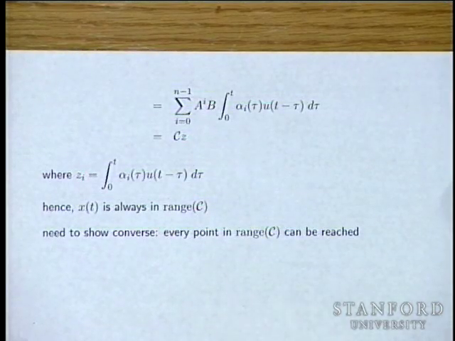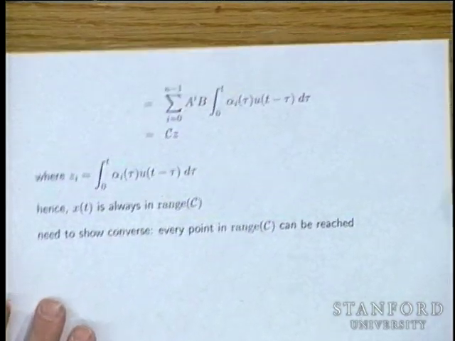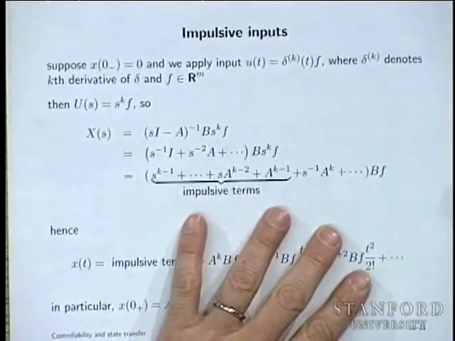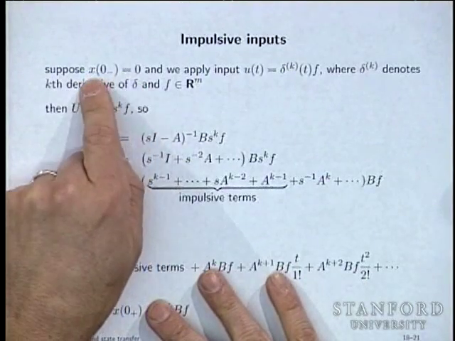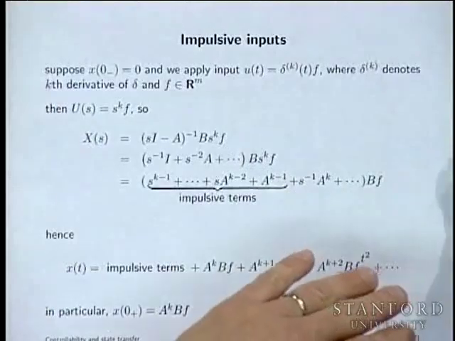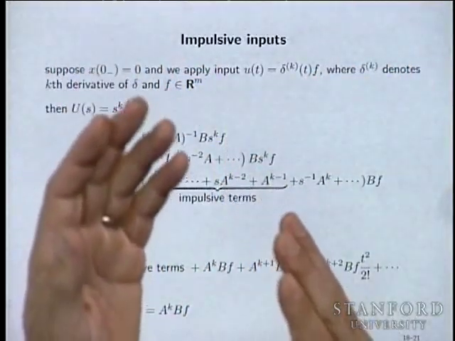Okay, so now we're going to have to show the converse, which is that any point in the range of the controllability matrix can be reached. First, we'll cheat a little bit, and we'll do that with impulsive input. So let's see how that works. Suppose the state, if we're going to use impulsive inputs, we have to distinguish between 0 minus and 0 plus, well, t minus and t plus whenever t is a time when there's an impulsive input.